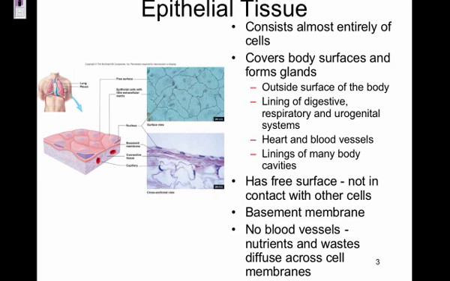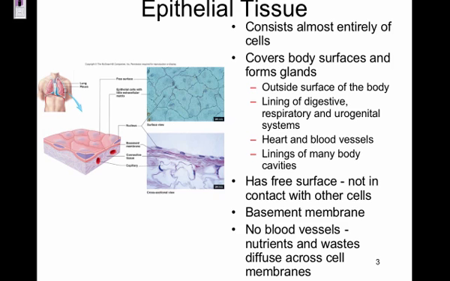It has a free surface, which means it's not in contact with any other cells, like your skin outside is free. It's not attached to anything else. Then it has a basement membrane, which is underneath the epithelial tissue, which connects it to the connective tissue below. And there are no blood vessels.